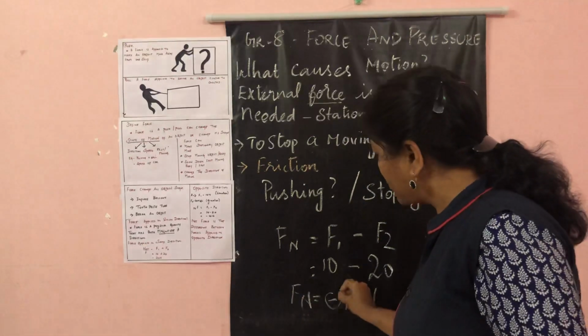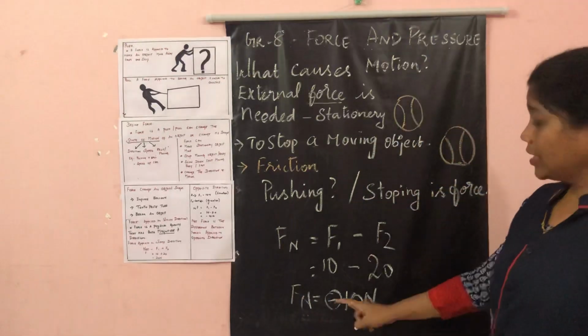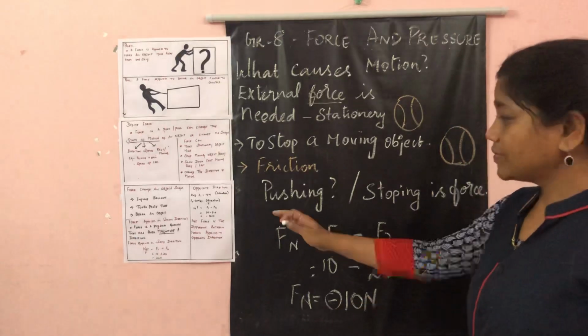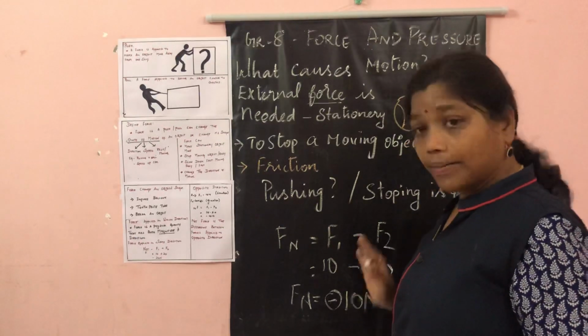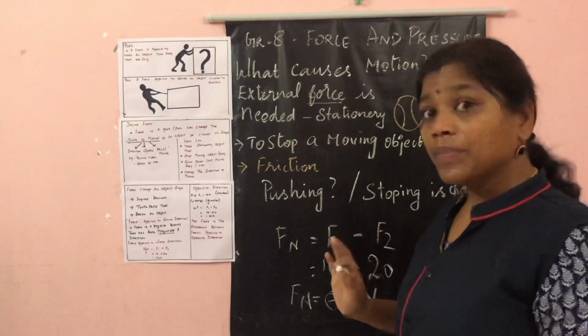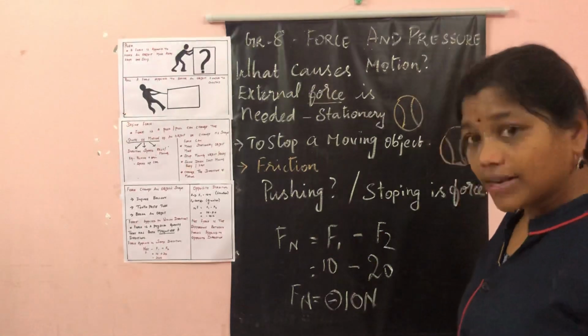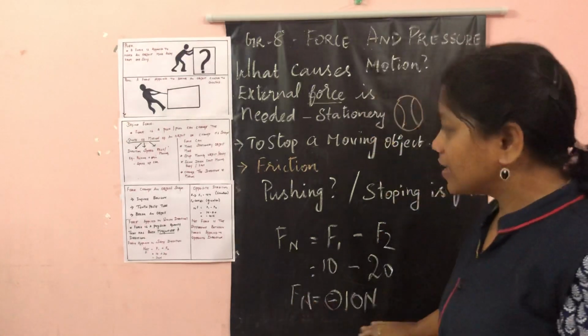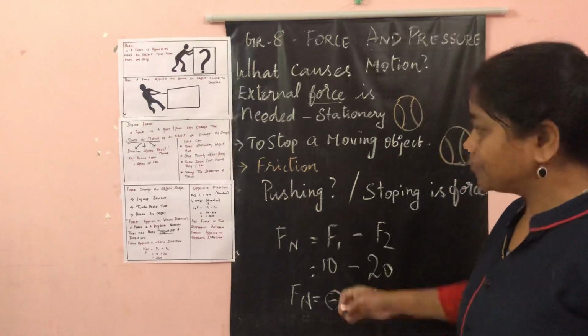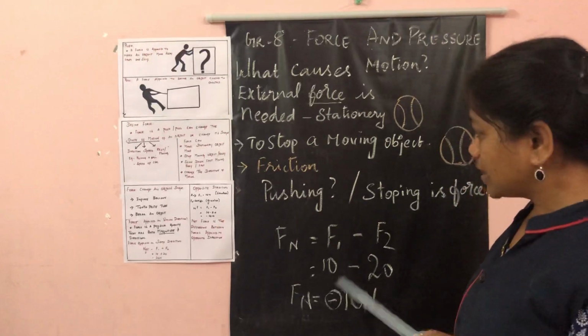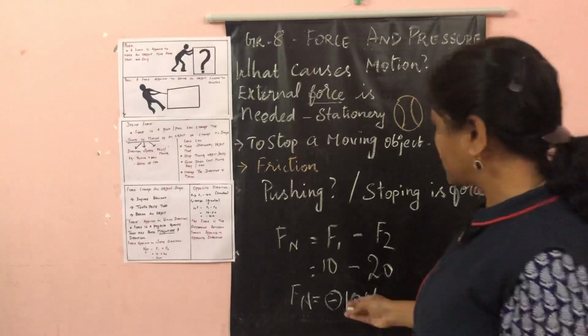Why did I mention this 10 Newton with a minus? It shows in which direction the greater force is given. This is the smaller force and this is the greater force in the opposite direction.